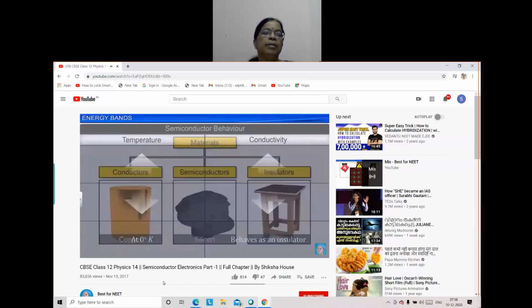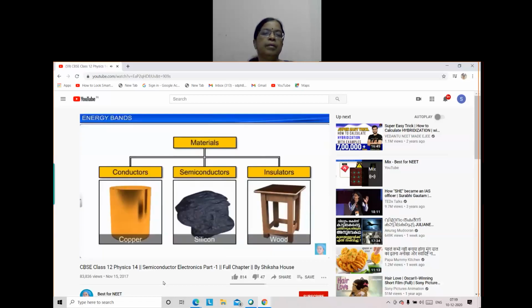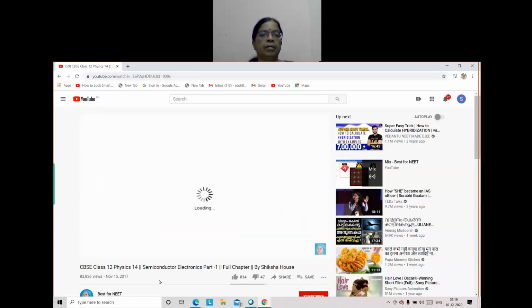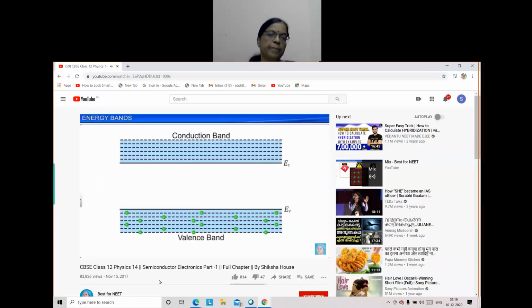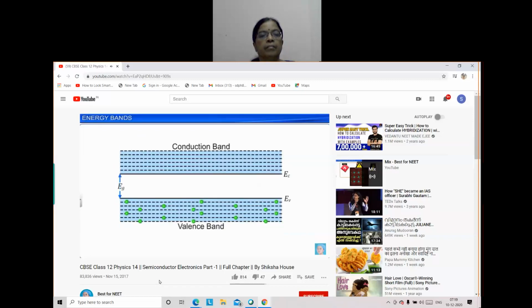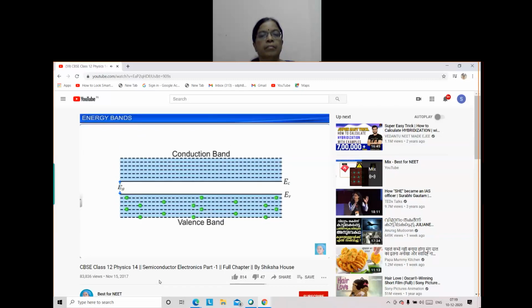It is important to note that the band gap is different for different solids. Let us now look at the specific case of solids where the energy band gap Eg between the conduction band and valence band is very small, or the conduction band overlaps the valence band.